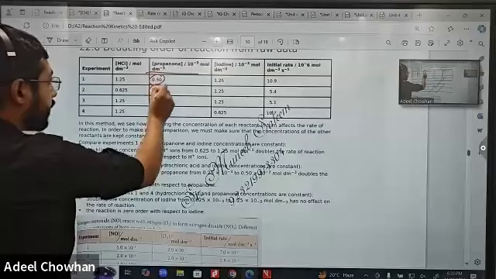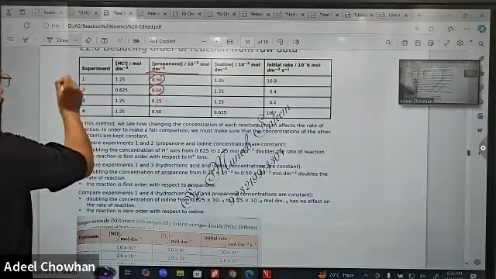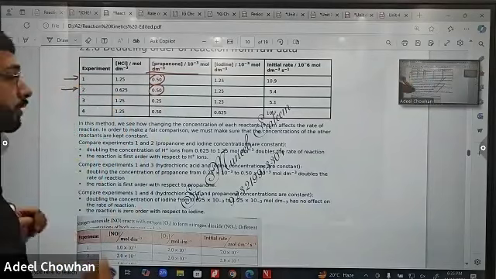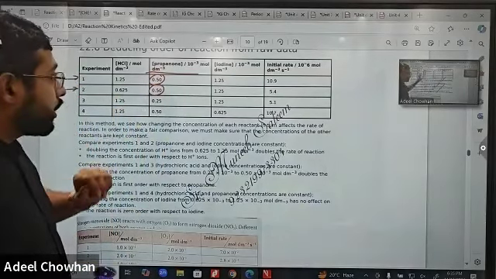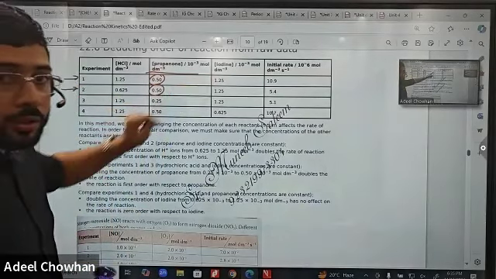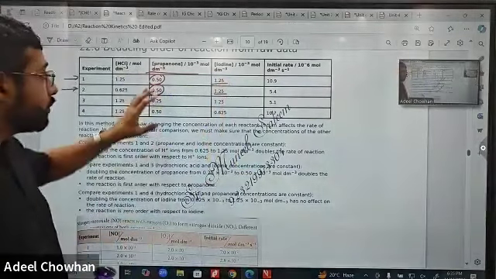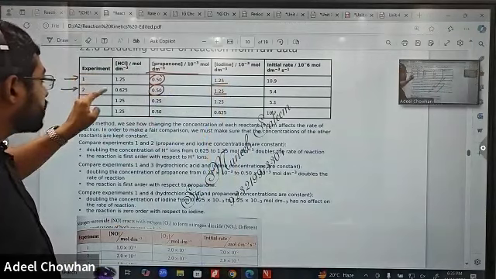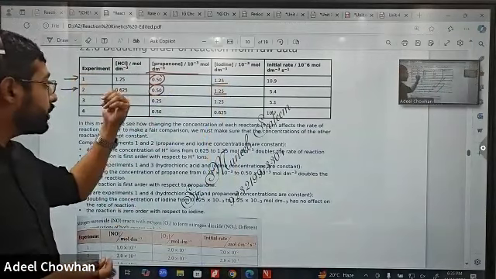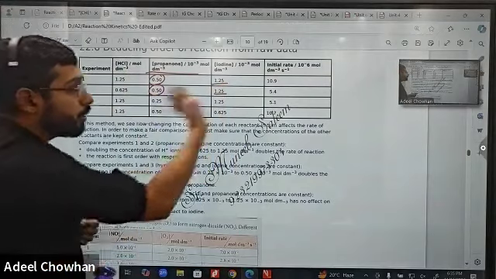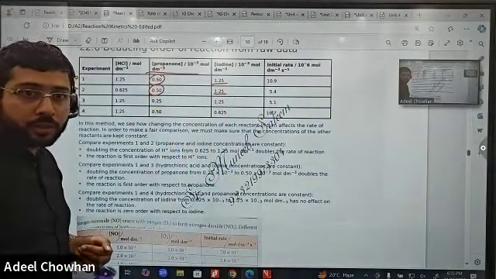You can see they are constant in experiment 1 and experiment 2. Is that clear? What about the iodine? It is also fixed. It is not changing. So basically, we have selected experiment 1 and 2 just to check how the change in concentration of HCl will affect the change in the rate of the reaction.